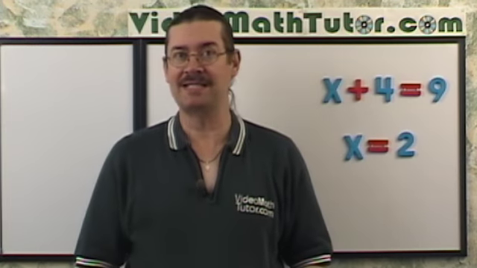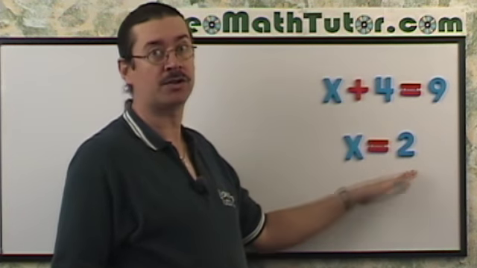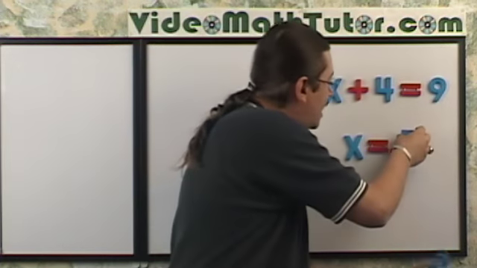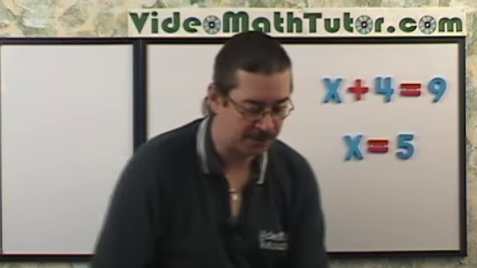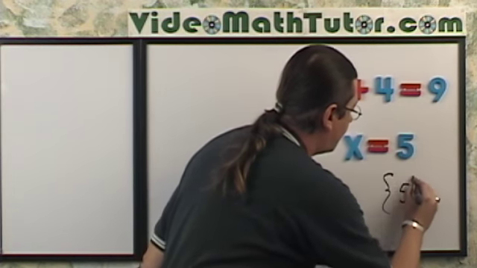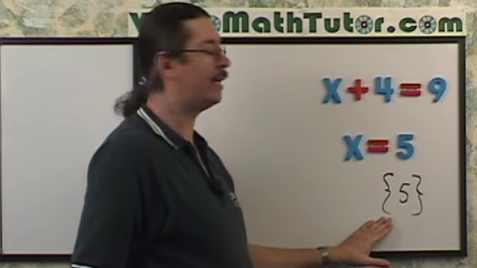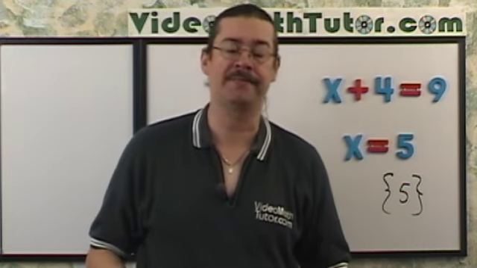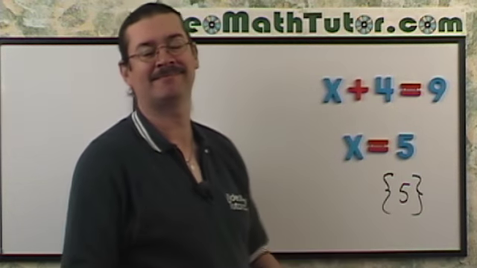Going back to our previous example, x equals 2 is not a solution to this equation. However, x equals 5 is a solution. And you would write the solution set like this. This is the set consisting of the single element 5. Now, I'm not always going to be saying that. I'm just going to write it down on the board, just to make things simple.